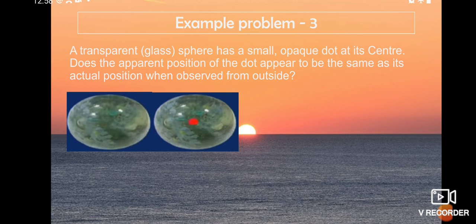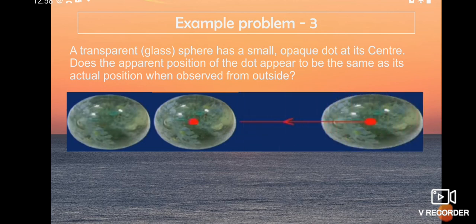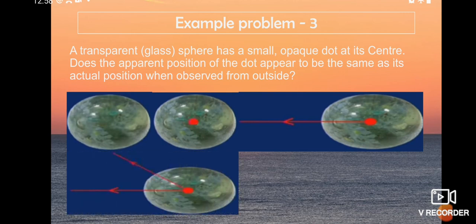Here the light ray is traveling from the denser medium to the rarer medium, that is from the glass sphere to air. Again one more ray is traveling in the other way.